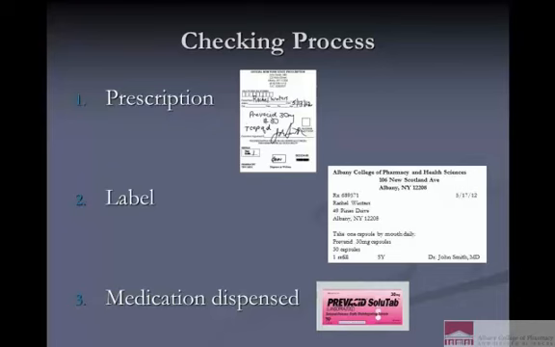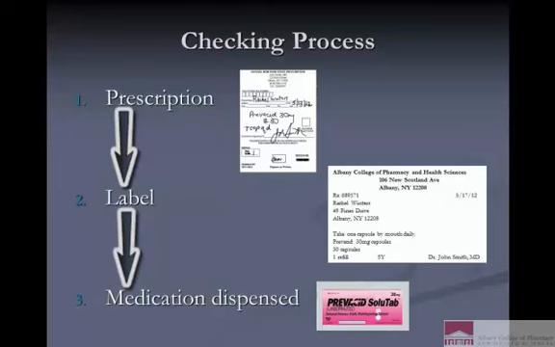Once you have identified that there are no problems with the prescription, you then look at the label. Check the label against the prescription, and any problems you find would be a problem with the labeling process. Once you have checked your label and made sure that that is correct, then look at what medication is dispensed and check that against the label. If there's a problem, then there's a problem with the medication dispensed.